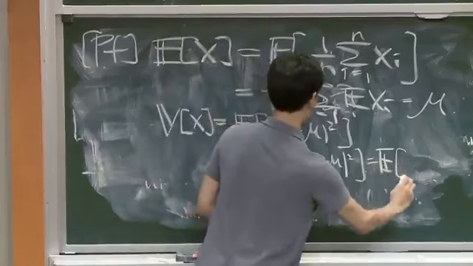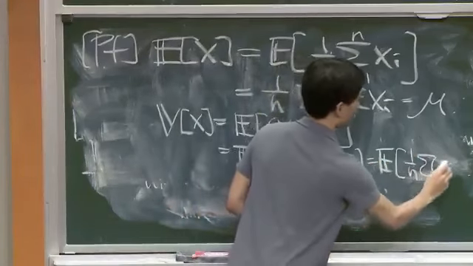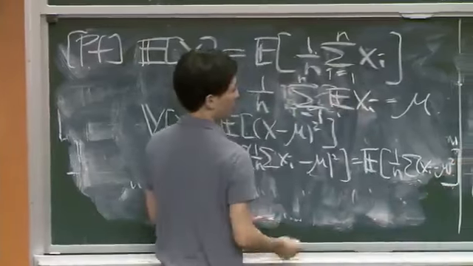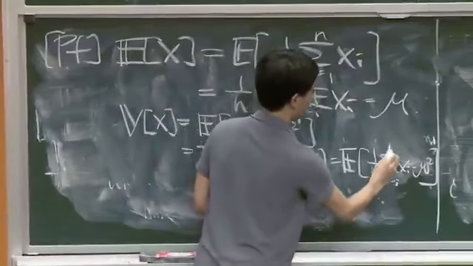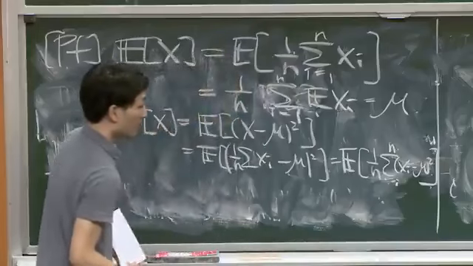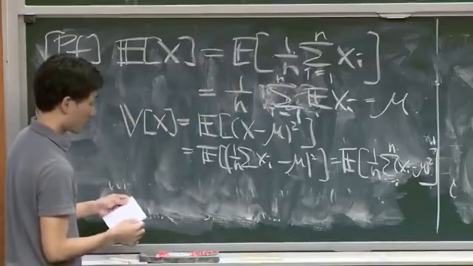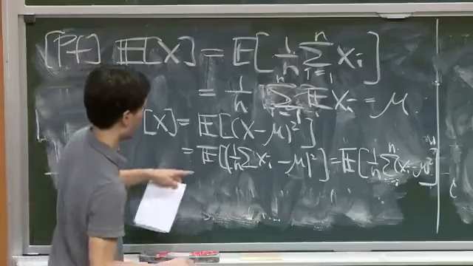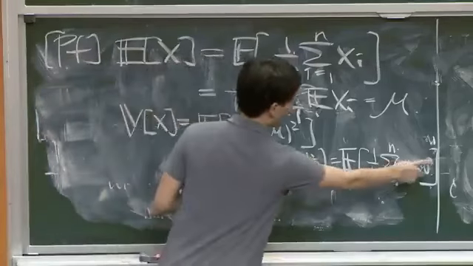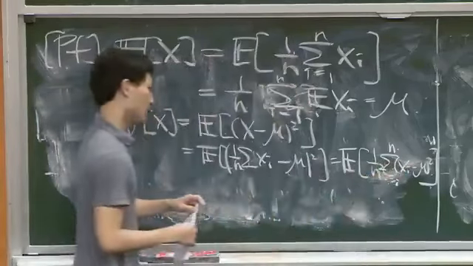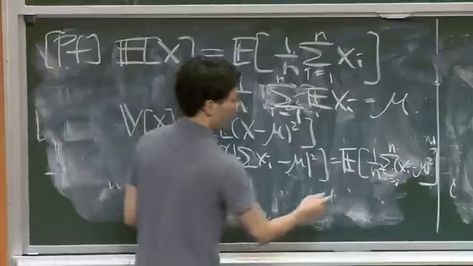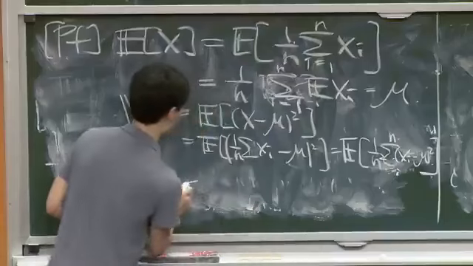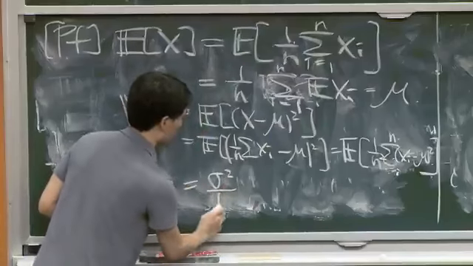That's the expectation of (1 over n times the sum of xi minus mu) squared, i from 1 to n. What did I do wrong here? 1 over n is inside the square, so if you take it out, it's 1 over n squared. And then you're summing n terms of sigma squared, so that is equal to sigma squared over n.